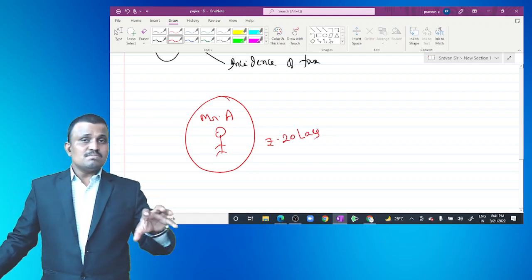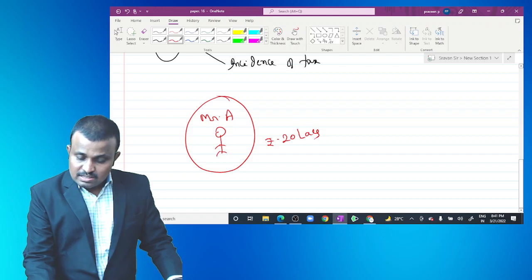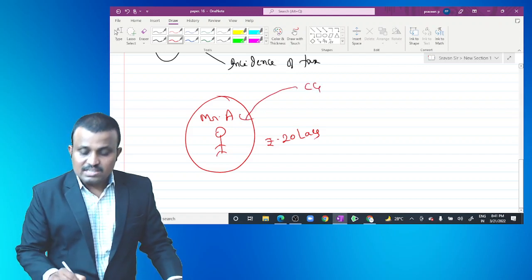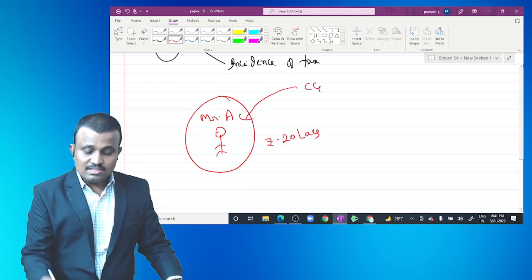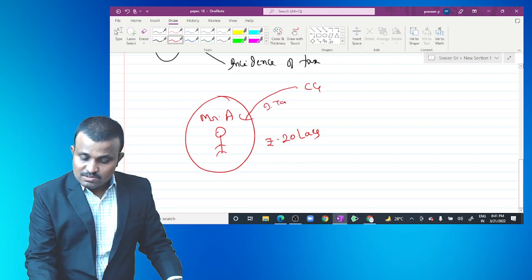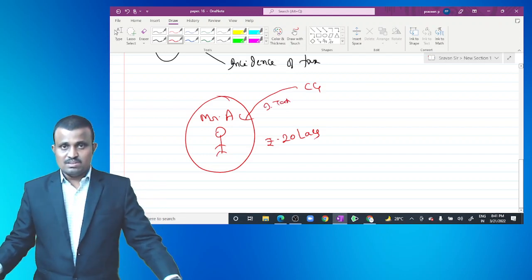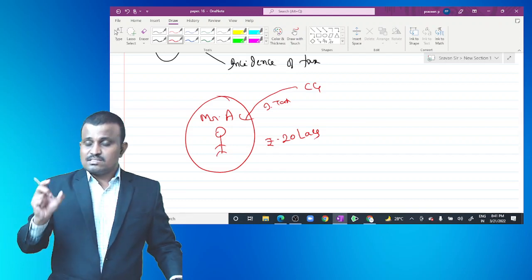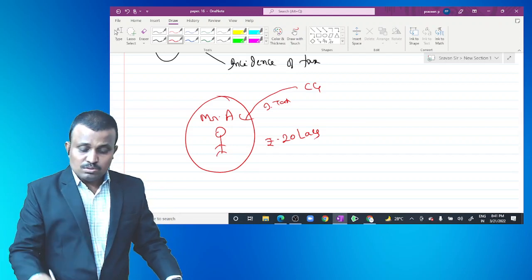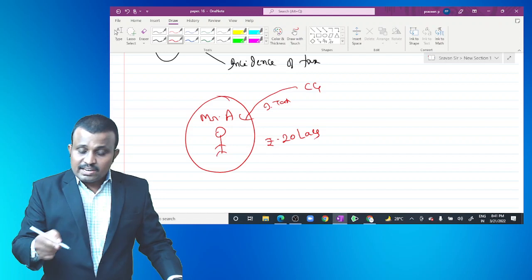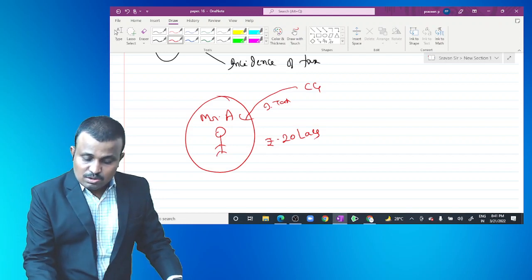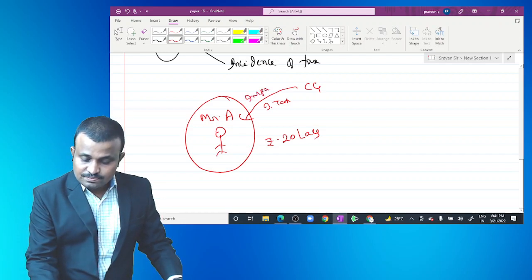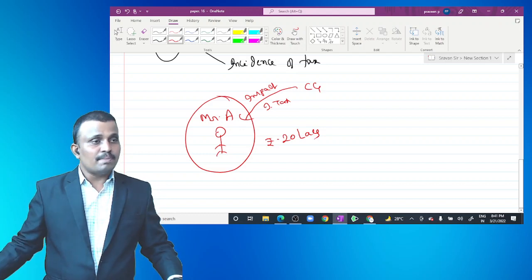Once the income is earned, the central government levies a tax on that person, which is called income tax. So the first time the tax is levied by the government on Mr. A, the effect on that person is called impact.